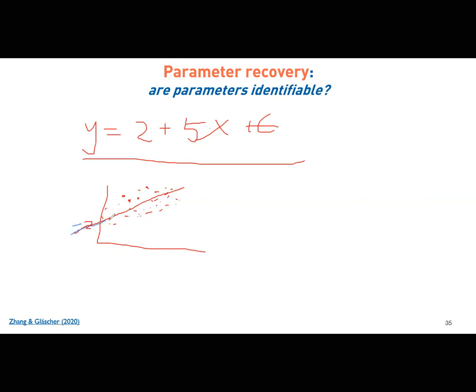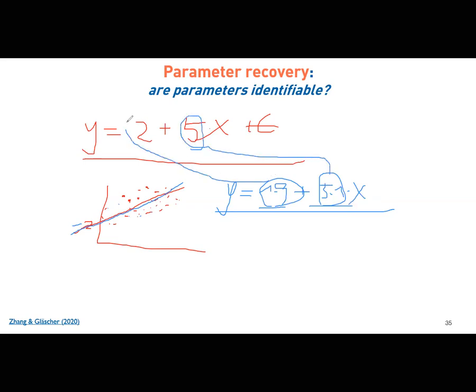If the fitted line is, for example, y equals 1.9 plus 5.1 times x, so the fitted regression line has an intercept of 1.9 and a slope of 5.1, then we can say those are successful parameter recoveries because we know the ground truth is 2 and 5 correspondingly.